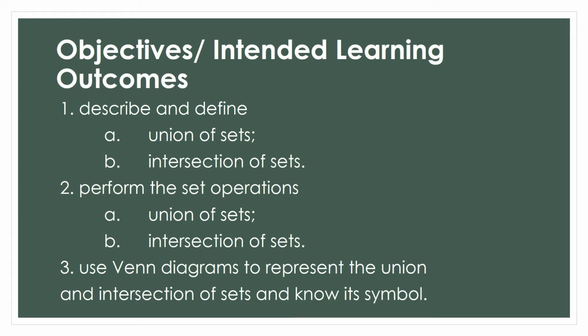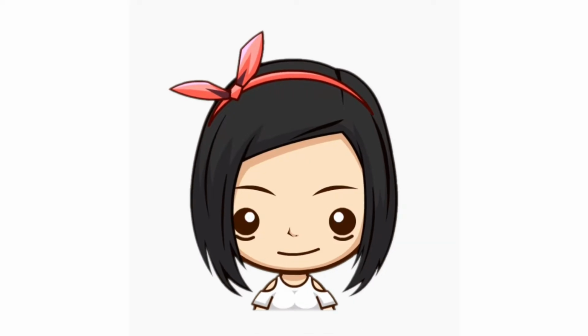Perform the set operations, union of sets, intersection of sets. Use Venn diagram to represent the union and intersection of sets and know its symbol. Those were the objectives that we are going to meet at the end of our lesson.